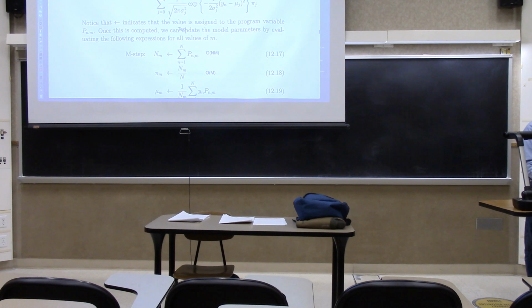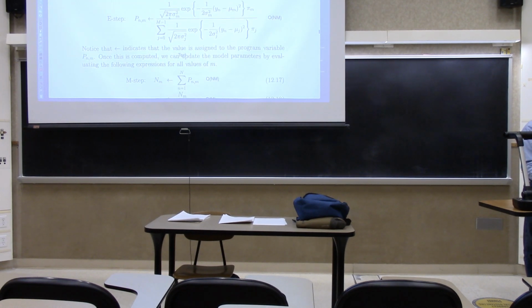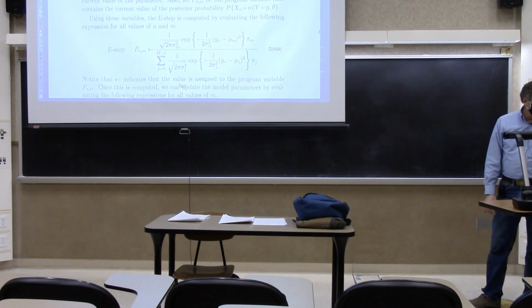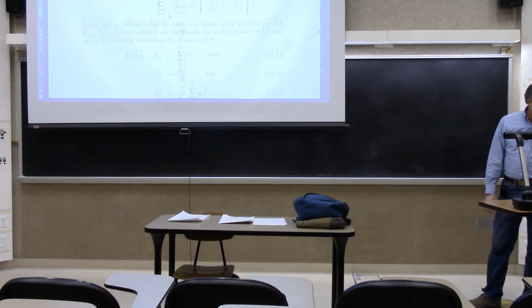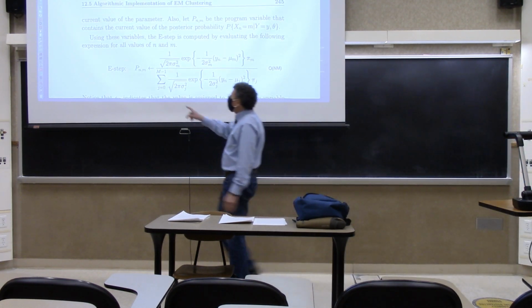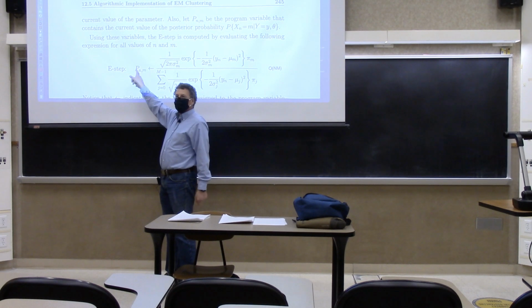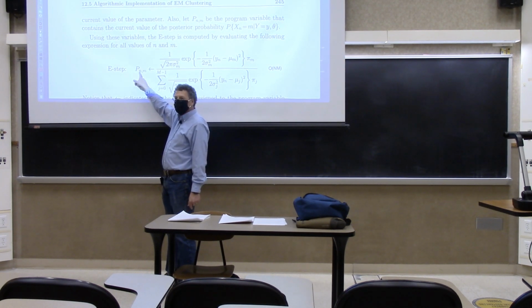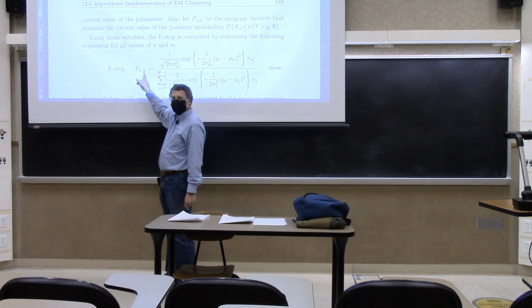And so for the E step, you calculate these probabilities P. They're the probability that the nth sample falls into class m.